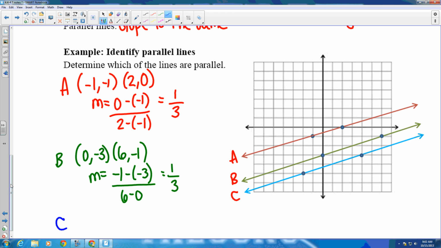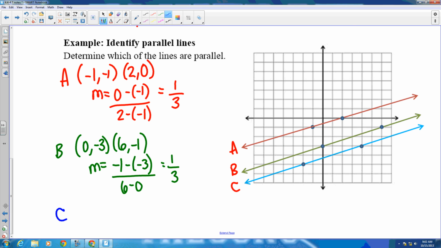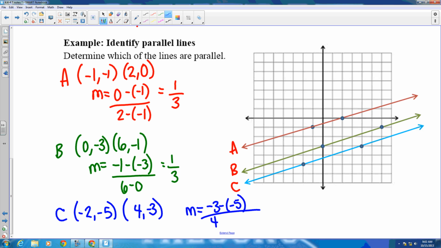And C, our points are (-2, -5) and (4, -3). So our slope is -3 minus -5 over 4 minus -2, which is 2 over 6, or 1/3. So I was correct in my suspicions. They are all parallel. Okay, and that was section 4.5.